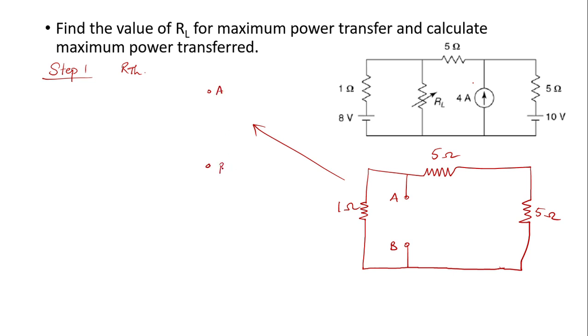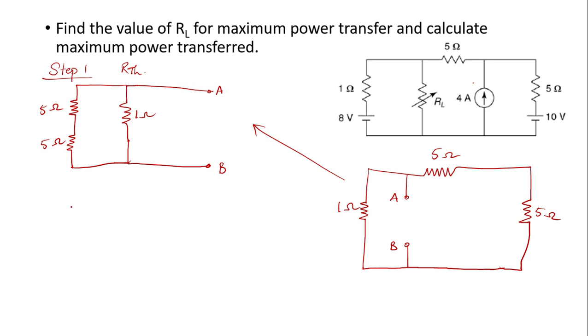So I have the terminals A and B over here, and you can see that terminal A is splitting into 1 ohm and 5 ohm. You have 1 ohm over here, and the 5 ohms, they both are connected in series. So I have one 5 ohm and another 5 ohm, and the 1 ohm is connected back to the B terminal. From the 5 ohm we are also connecting back to the B terminal.